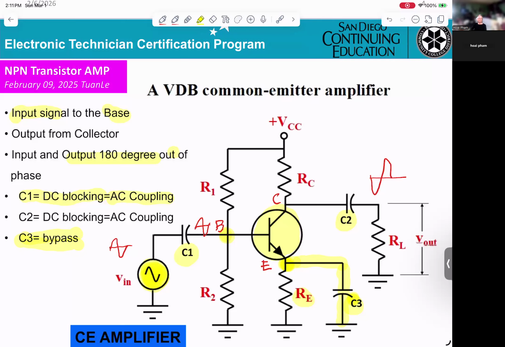That is the purpose of capacitor C3. So when you're looking at the common emitter, you need to identify the purpose of each component in the circuitry. Okay.